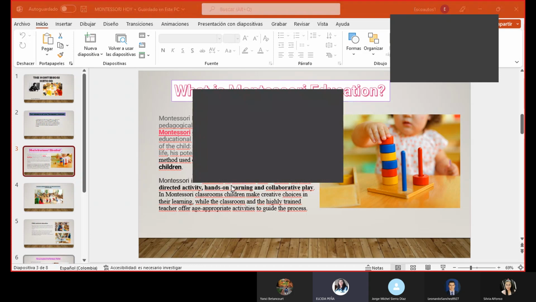The method consists in developing the independence of the child. Montessori is a method of education that is based on self-directed activities, hands-on learning, and collaborative play. In a Montessori classroom, children make creative choices in their learning, while the classroom and the highly trained teacher often aid appropriate activities to guide the process.